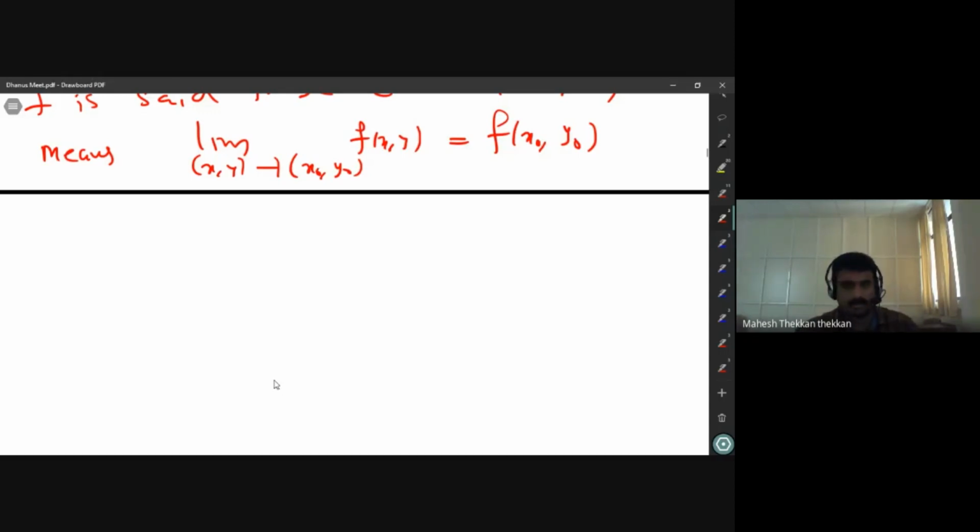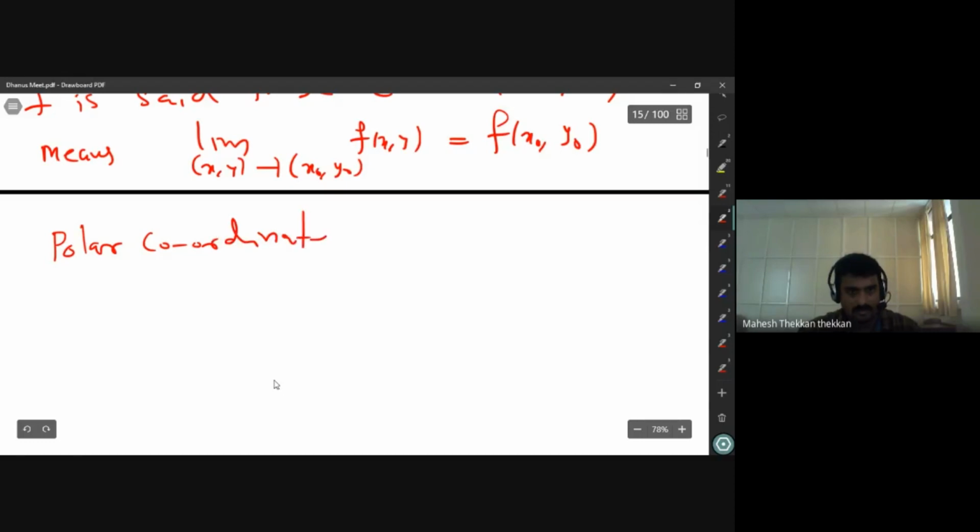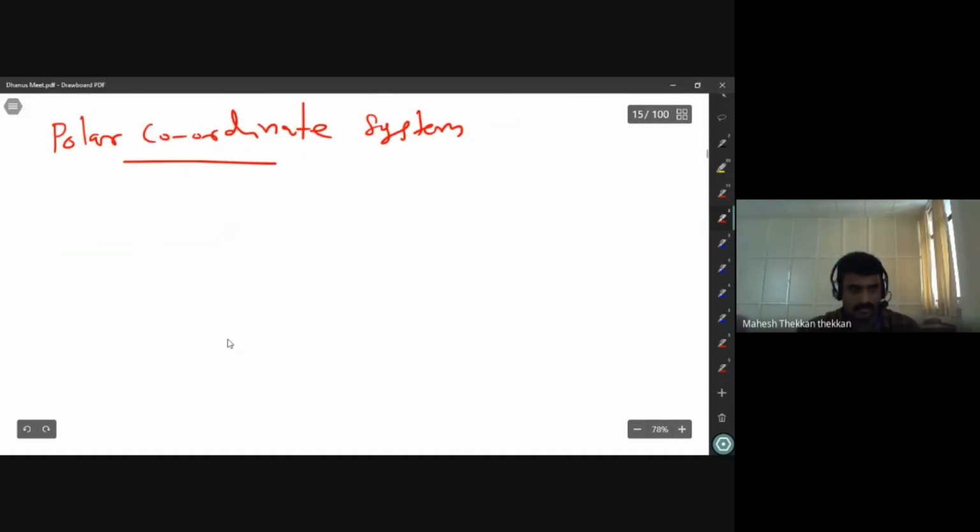You may recall something called the polar coordinate system. So you have already studied these things. If you have a point x comma y here, we can associate a coordinate for it: one is this distance and the other one is the angle theta.